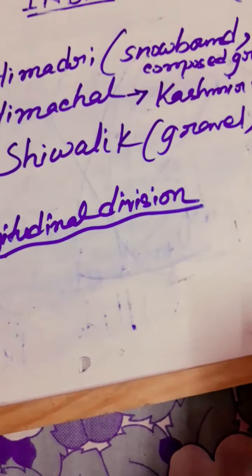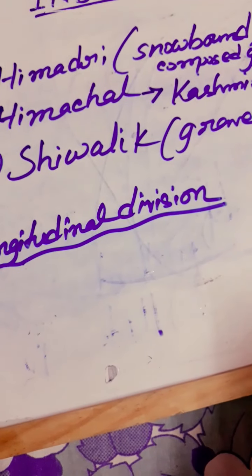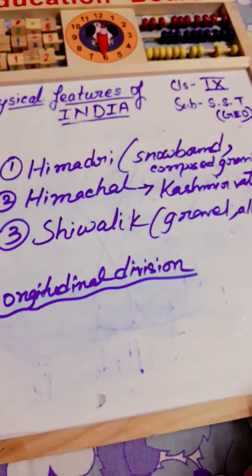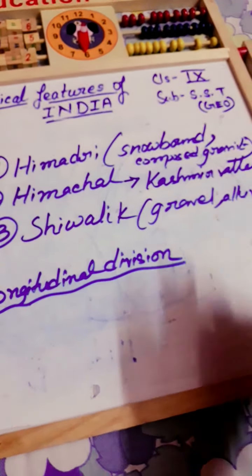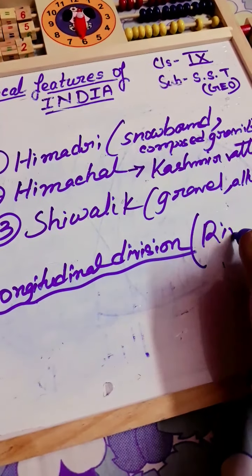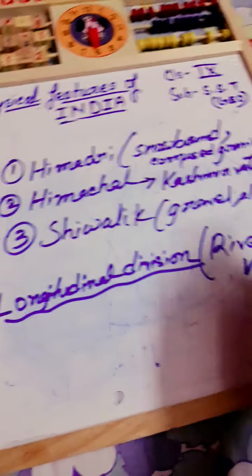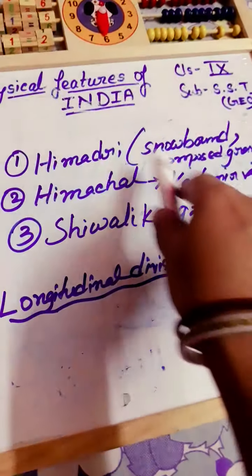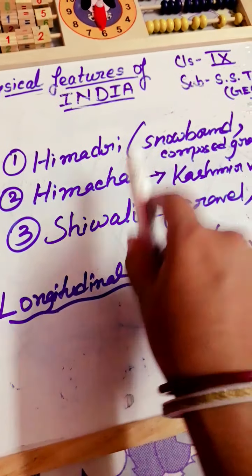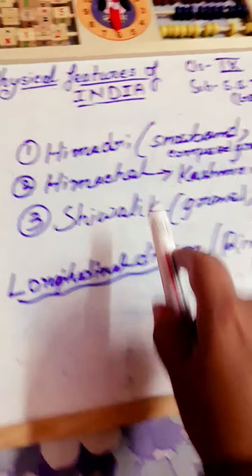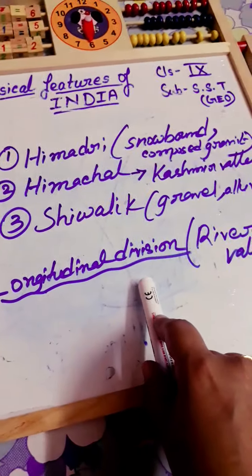The Himalayas have been divided on the basis of regions from west to east. These divisions have been demarcated by river valleys. And the major physiographic division is demarcated by altitude or height of the mountain ranges.